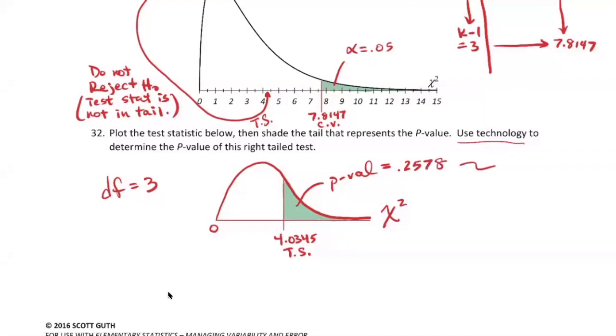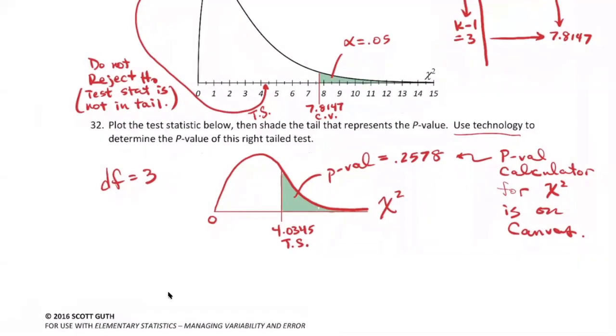Just as a reminder, when you look back in the notes, the p-value calculator for the chi-square distribution is on Canvas, and I'll get that up after class. All right.